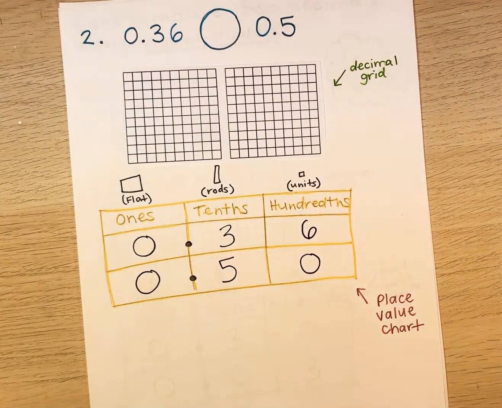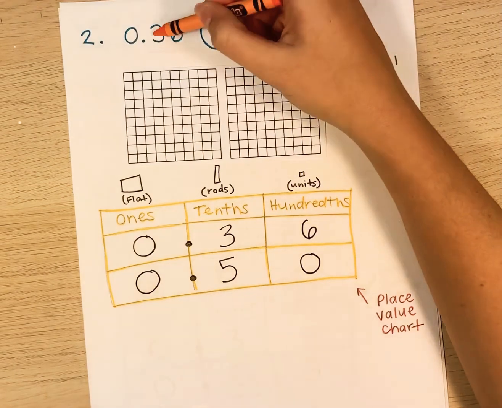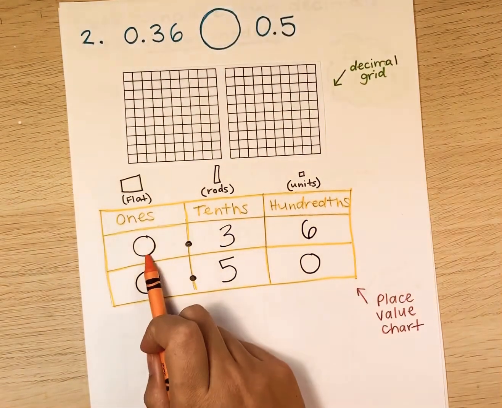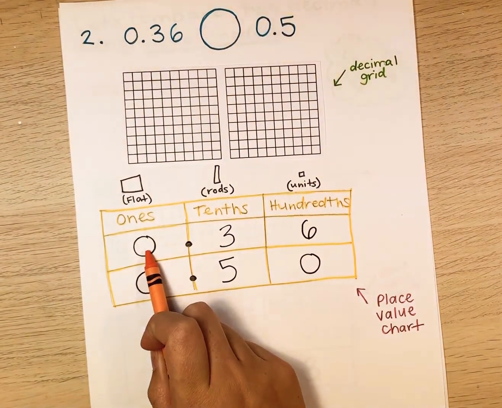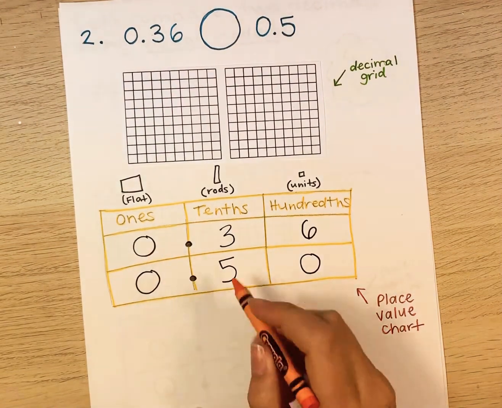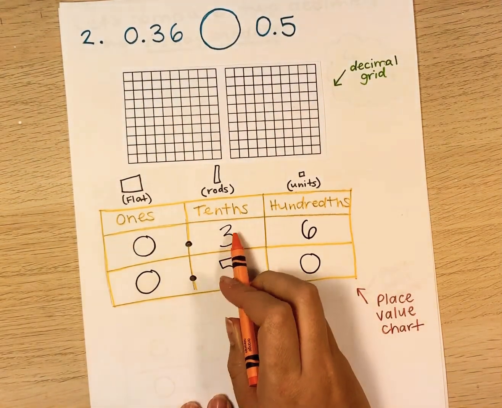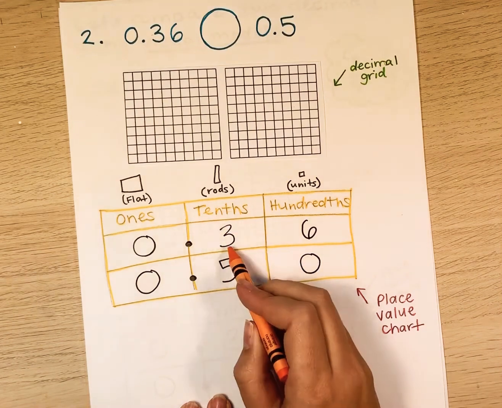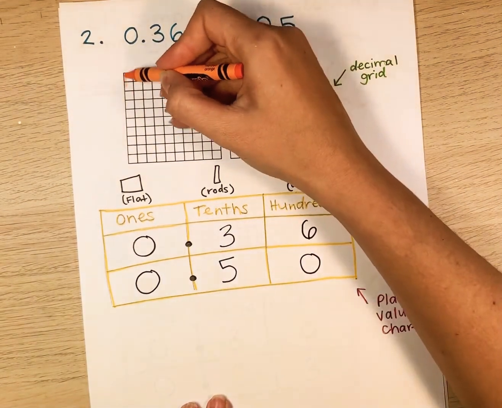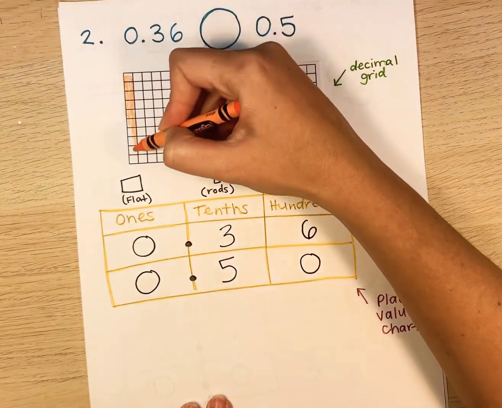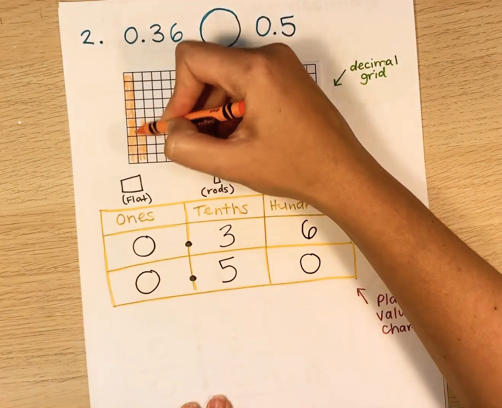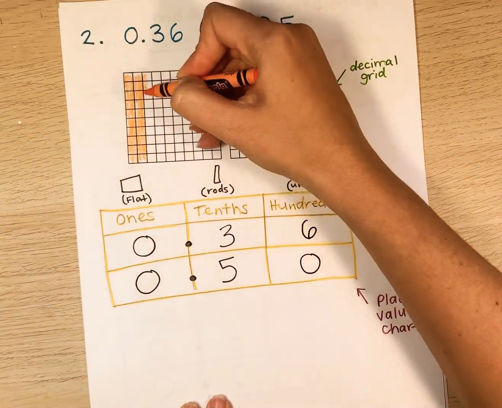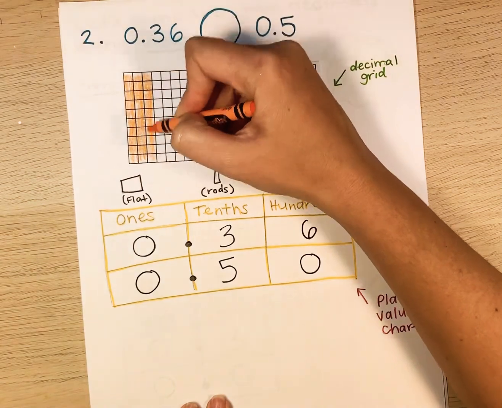Next, we're going to show each decimal in the decimal grid. So I'm going to take a look at 36/100. So 0 in the ones place. We know we're not going to shade in one whole. Next, we'll go to our tenths. And we know tenths is equivalent to a rod. So I'm first going to show 3 rods. So 1, 2, and 3.